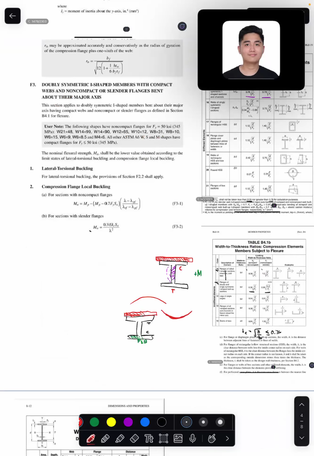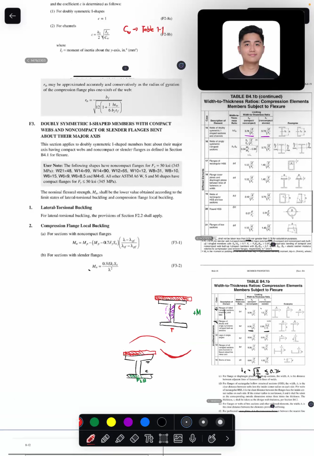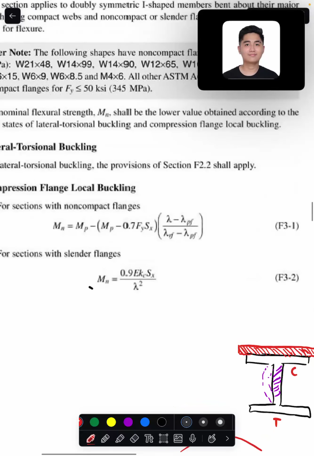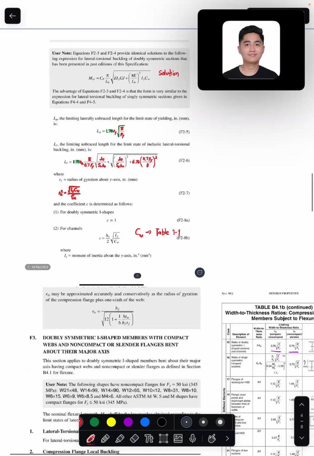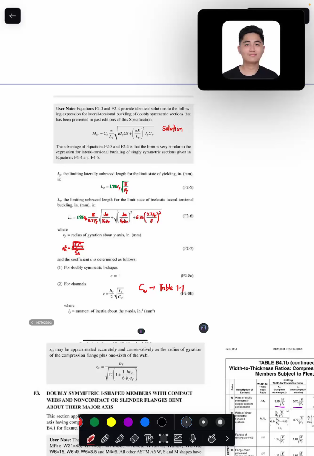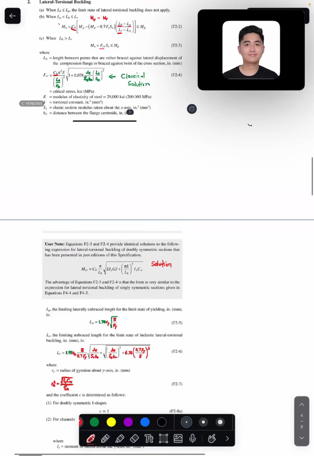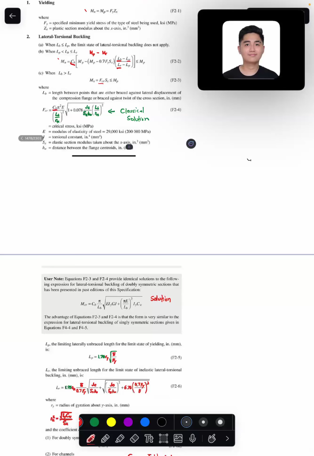So, we proceed with discussing ano ba yung mga tables na makakatulong sa atin when dealing with design. Kasi, halimbawa, kung magde-design ka, kailangan ko ba maghanap ng limiting width to thickness ratio? Tapos at the same time, kailangan ko ba i-limit yung unbraced length? Tatlong limit state to: yielding, inelastic lateral torsional buckling, elastic lateral torsional buckling.